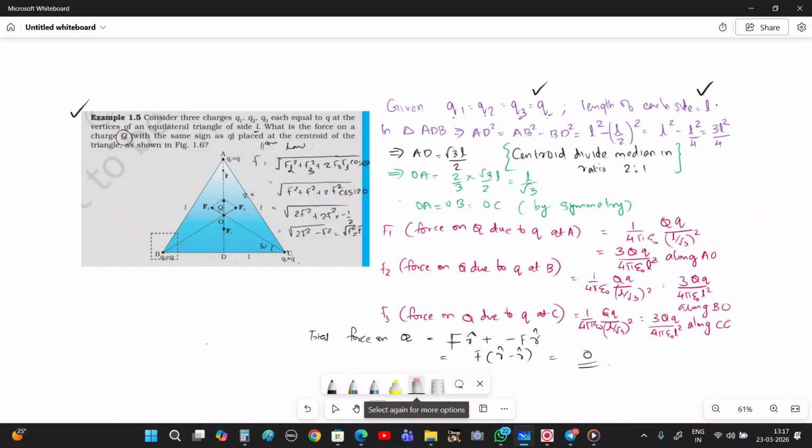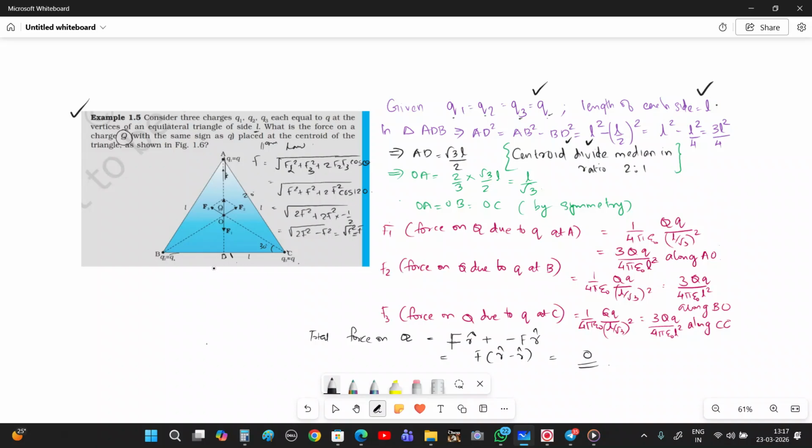In that right angled triangle ADB, when you apply the Pythagoras theorem, you will get the missing side AD. AD square is equal to hypotenuse square minus base square, that means AB square minus BD square. AB is the length of the triangle, L, so L square minus BD square.